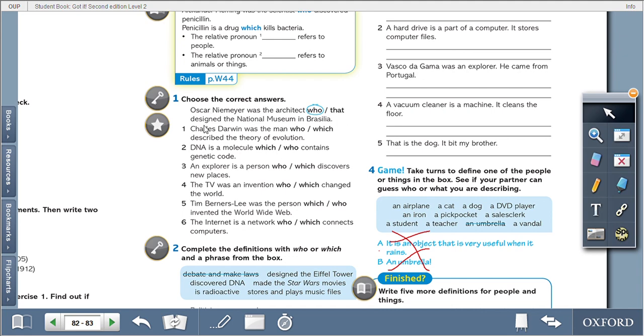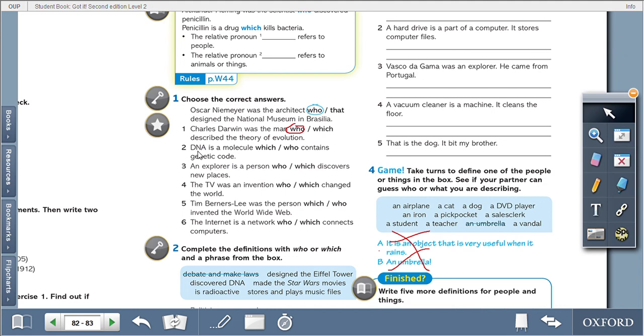Look at here, we have Charles Darwin was the man who or which described the theory of evolution. Okay, we're talking about Charles Darwin. He's a person, of course, so we're gonna choose who, right? Look at here, we have DNA is a molecule which or who contains genetic code.